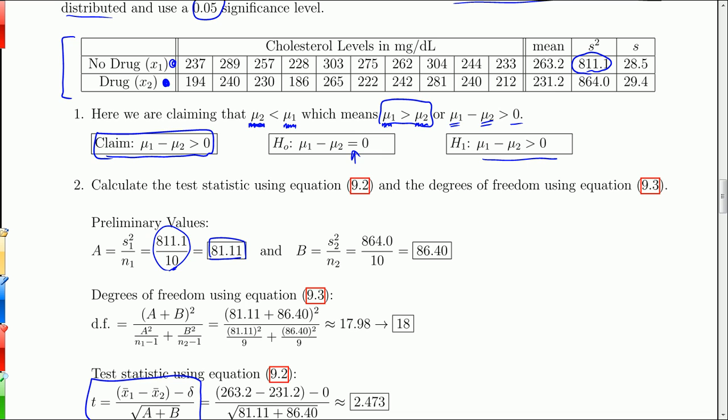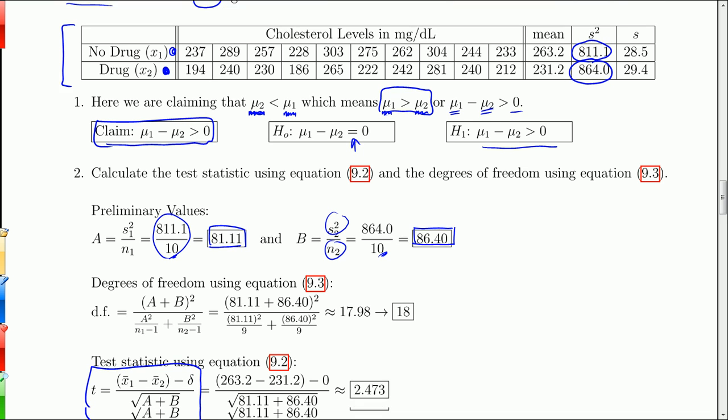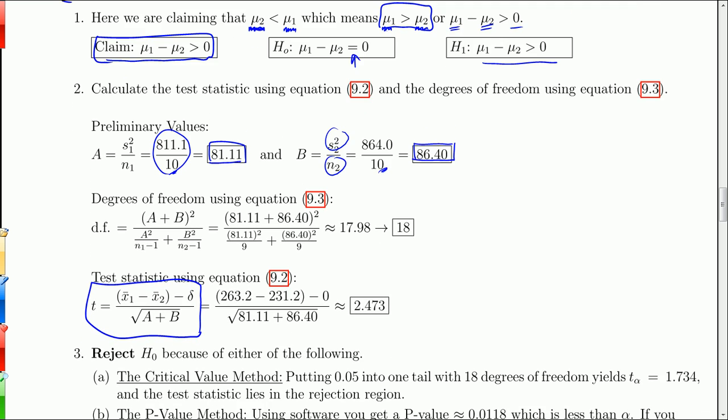Likewise, B is the variance of the second sample divided by the size of the second sample, which again is 10. When you round that to 2 decimal places, you get 86.40. Now to calculate the degrees of freedom, let's go over it briefly.